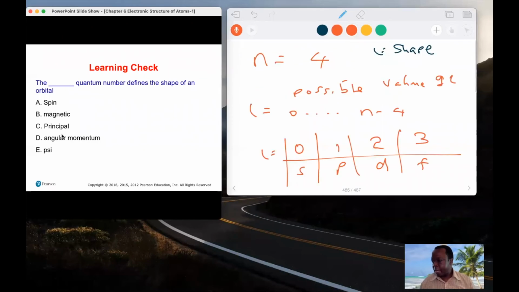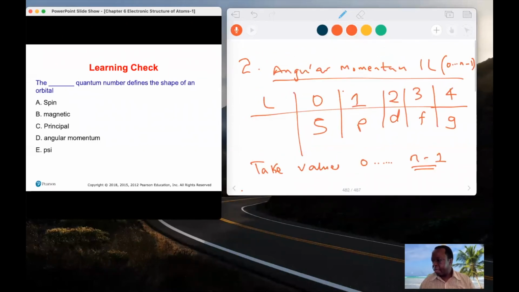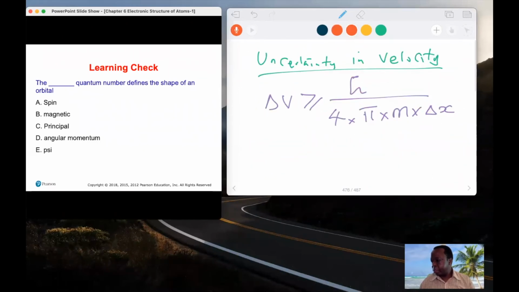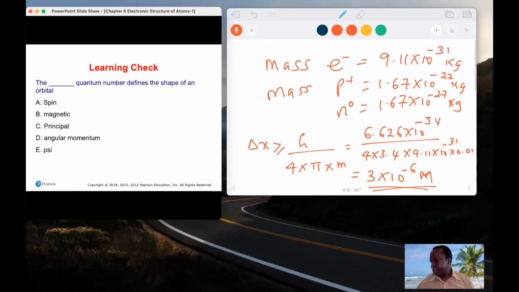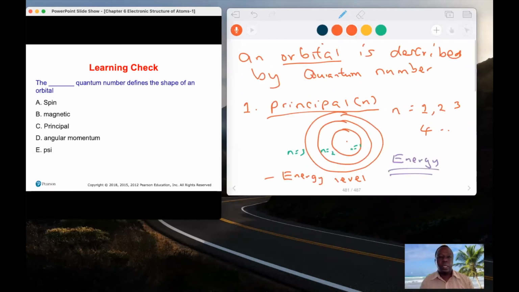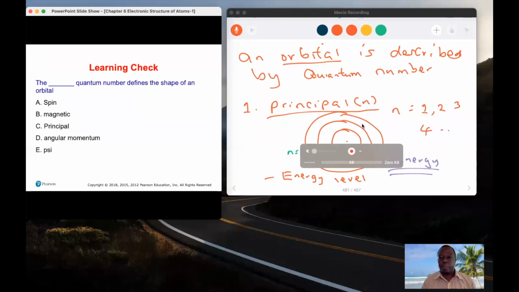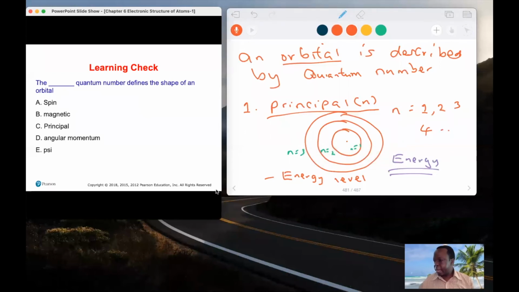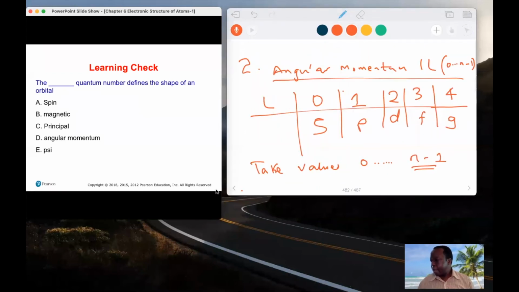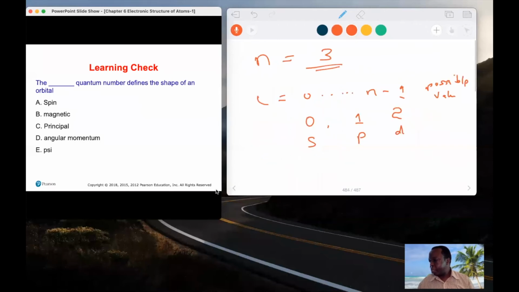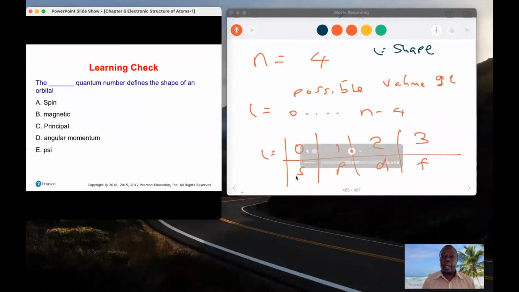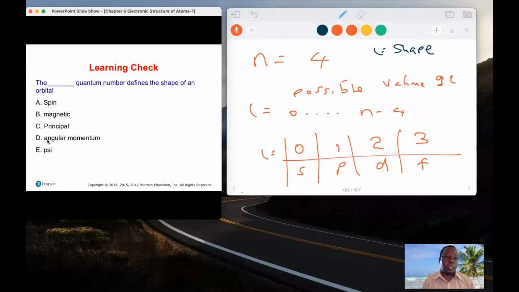I gave you earlier that N represents the principal energy. The angular momentum L represents the shape. The m's of S represents the spin.